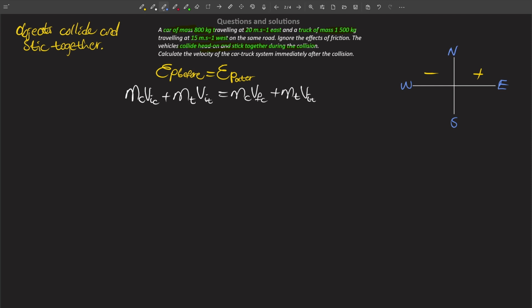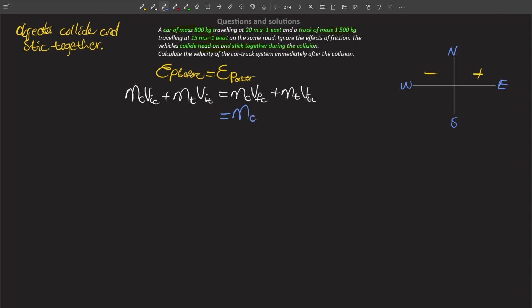Okay, now let's substitute and solve this. Before the collision, these objects have separate masses, but after the collision they stick together. So the mass of the truck and the mass of the car will now form a new bigger mass.